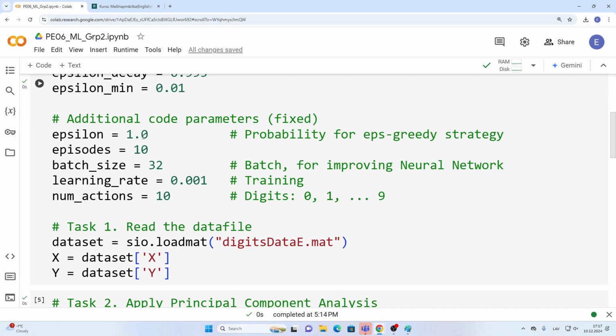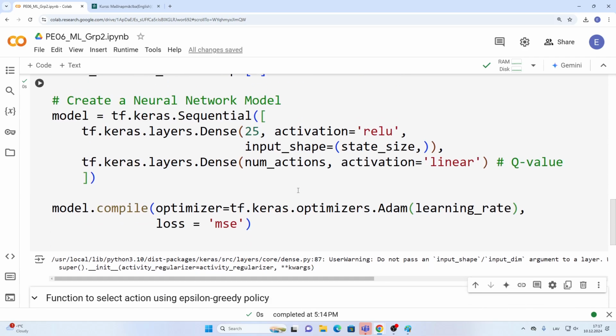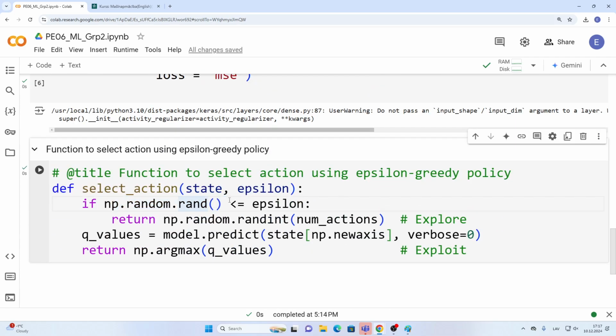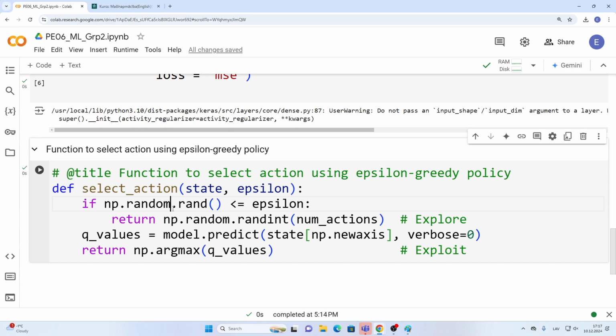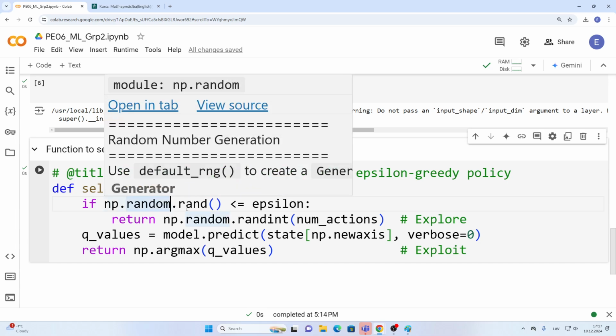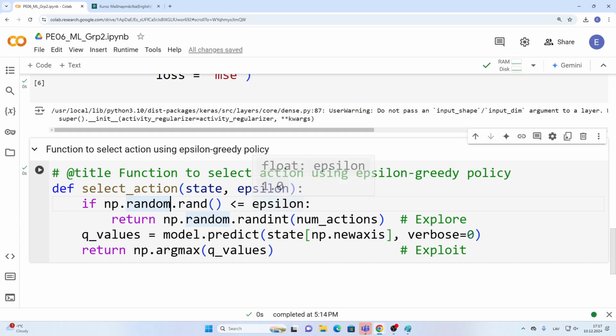And as we go further with each iteration, it's going to become more and more greedy and less often open to new experience. That is called exploration. You can see here that it chooses your action, your handwritten digits 0, 1, 2, etc., completely randomly. So we randomly pick a number and use it.